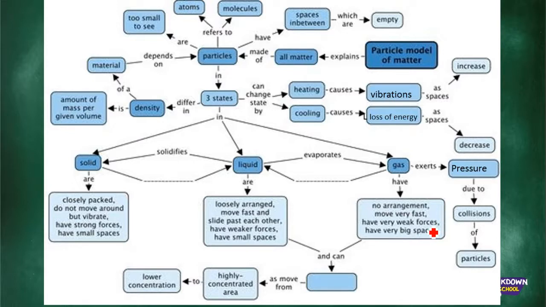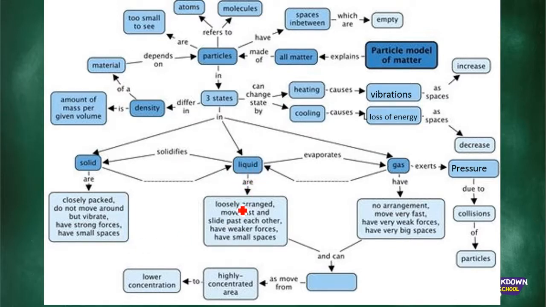Now gases have no arrangement and they move very fast. There are very weak forces and they have very big spaces. Now liquids, when they solidify, that means when it becomes ice, when it freezes, they are closely packed, they do not move around, but they vibrate, they have strong forces, and there are small spaces between them.